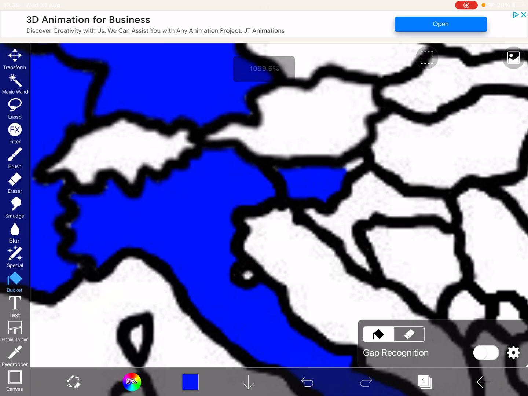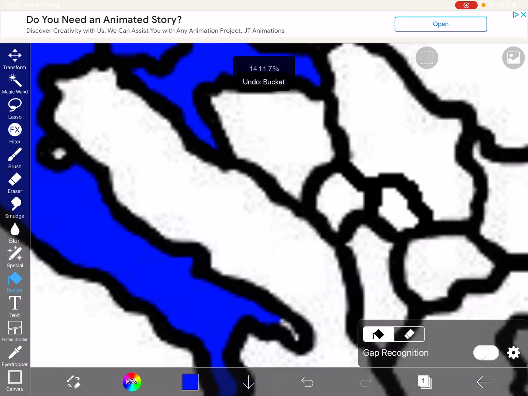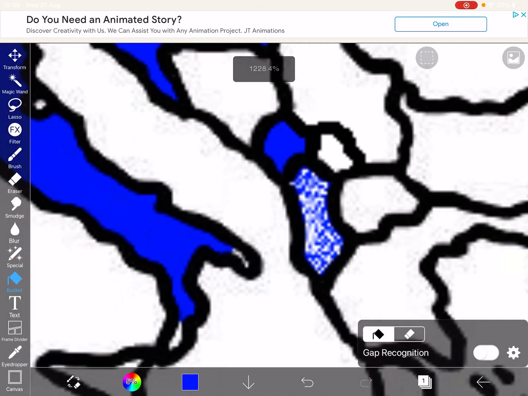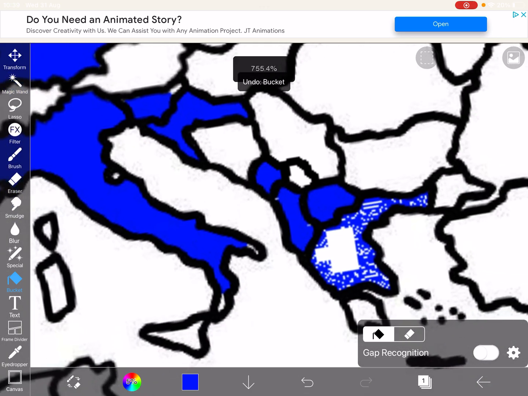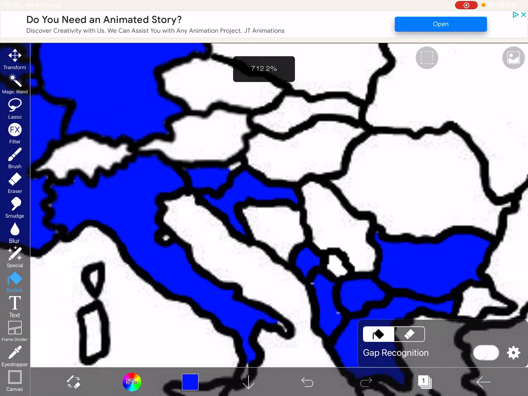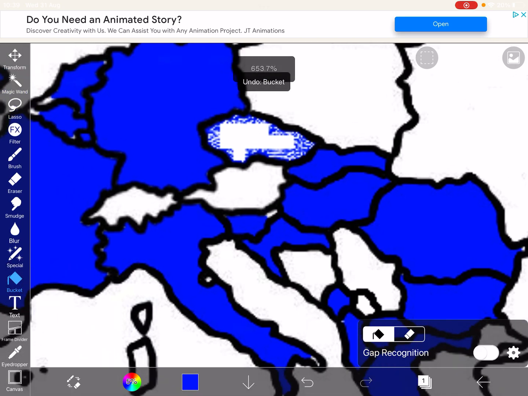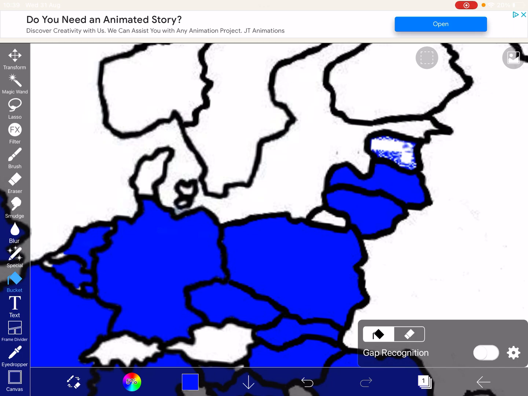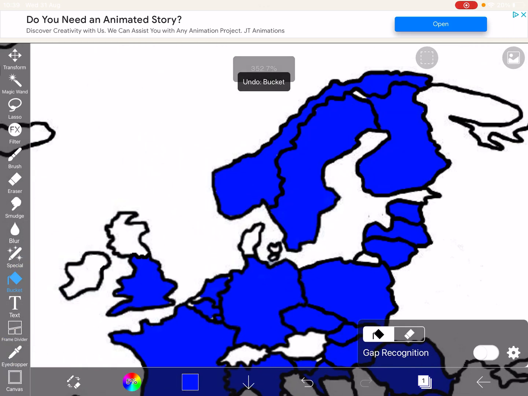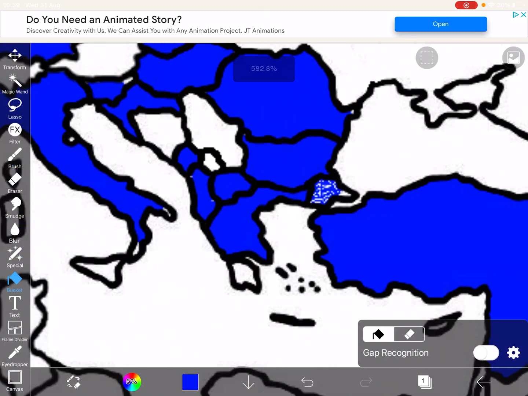Then we also have Slovenia, Croatia, if they want to colour in. Got Montenegro, Albania, North Macedonia, Greece, Bulgaria, Romania, Hungary, Slovakia, Czechia, Poland, the Baltics, and then all these three here. And we also have Turkey.